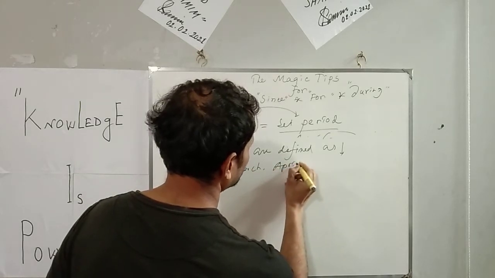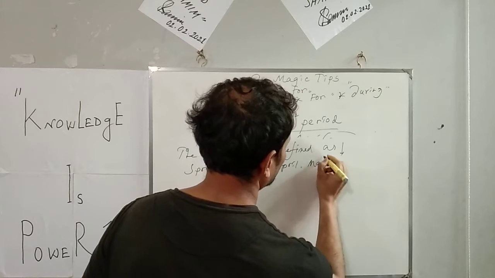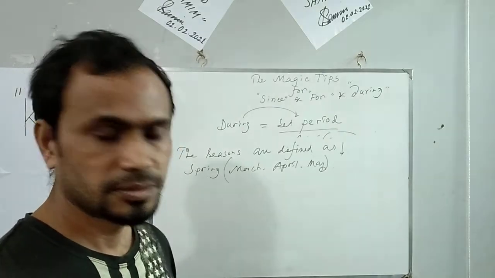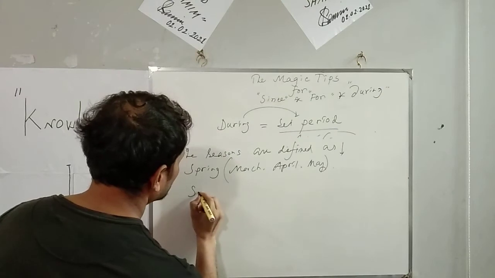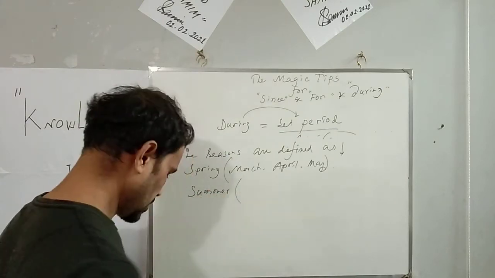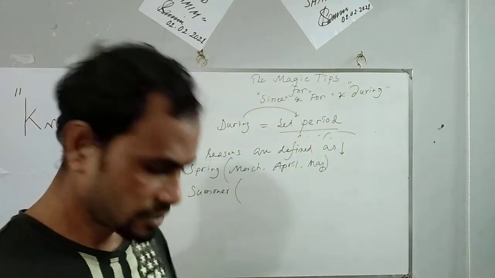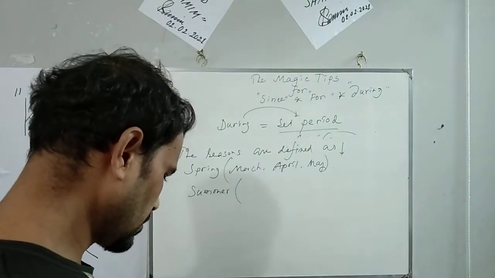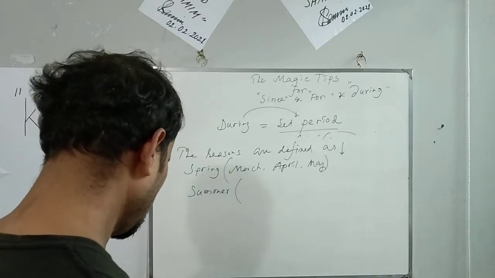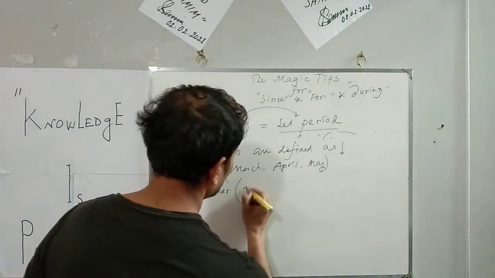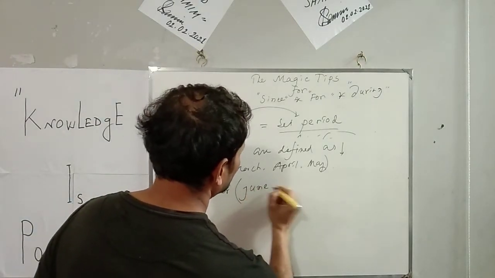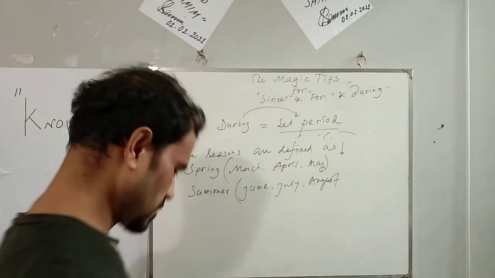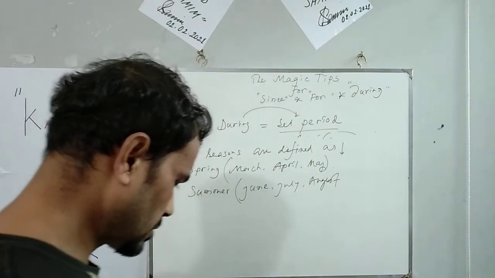Okay. Summer, the set time, or summer means June, July, and August. Okay.